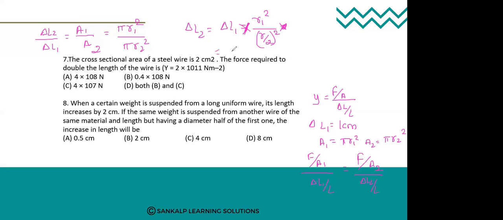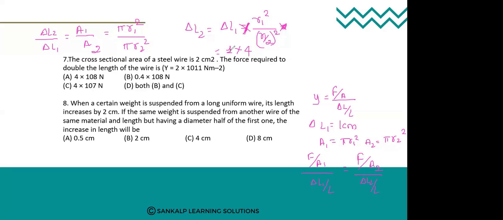So now we can substitute the value here. Delta L1 value is 1 into, R1 will get cancelled. 2 square will be 4.